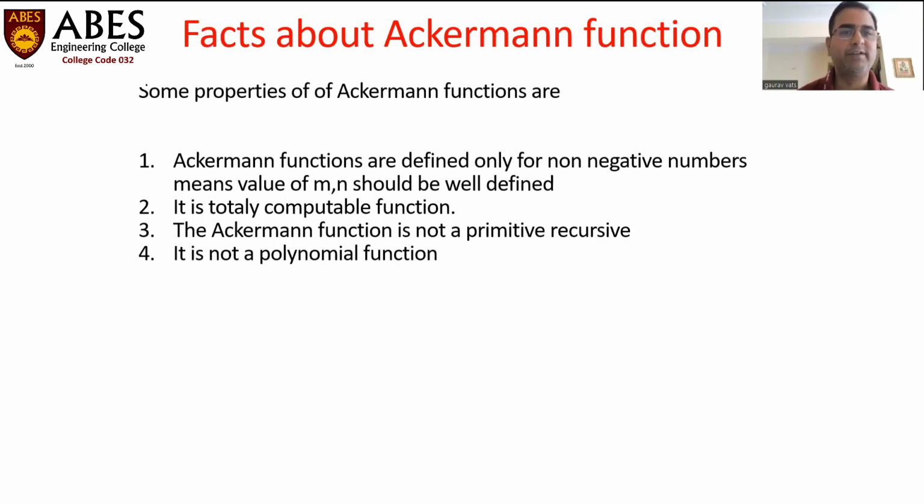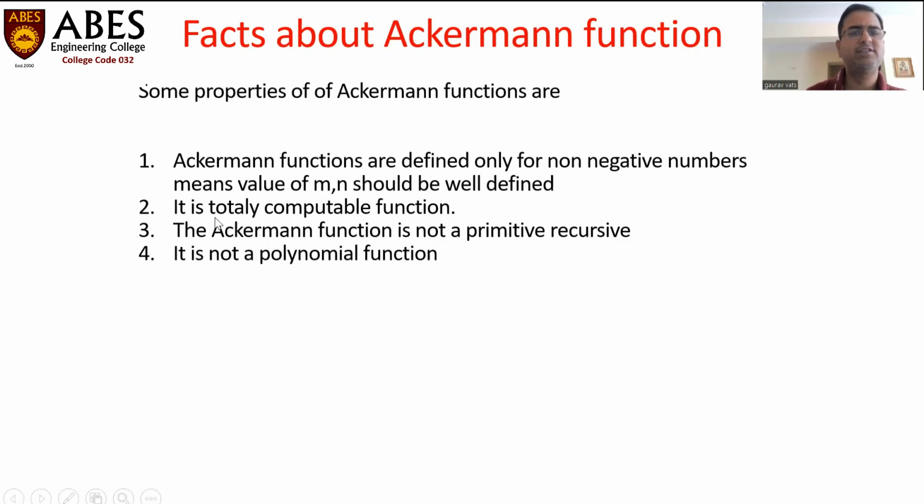Now, some interesting facts regarding the Ackermann function. The Ackermann function is defined only for non-negative numbers, which means the values of m and n should be well defined. That means you can't take decimals or negative numbers.